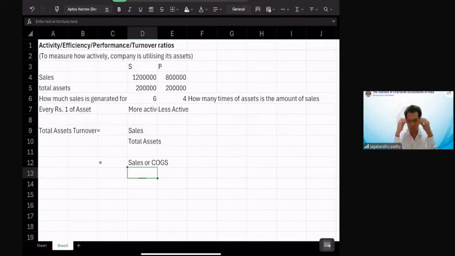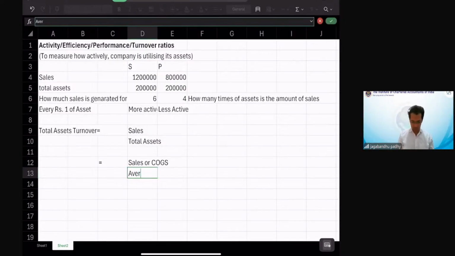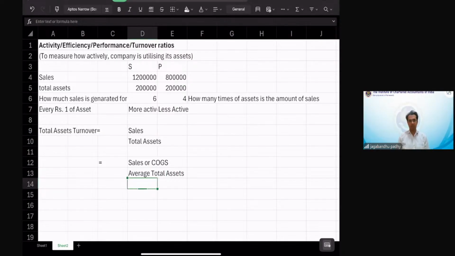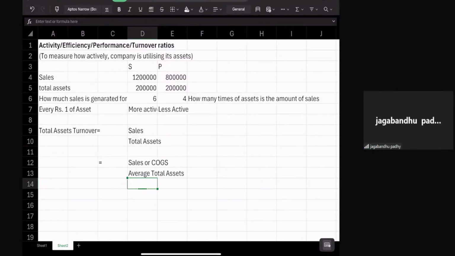But rather, instead of debating whether I should take opening or closing, can I say, let's work on simple average total assets.